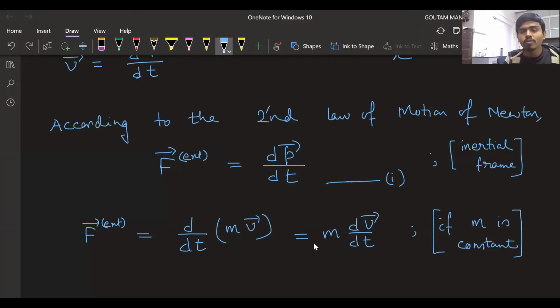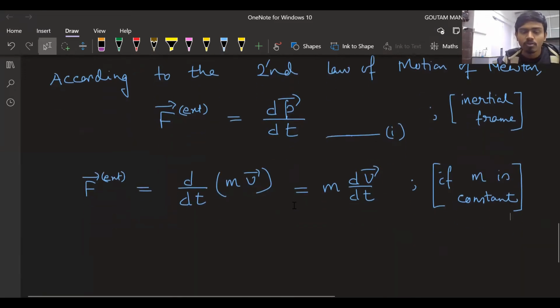If you assume that the mass is not changing, mass being an inherent property of the particle that we cannot change by applying force, then F external is equal to the mass times the rate of change of velocity, dv/dt.